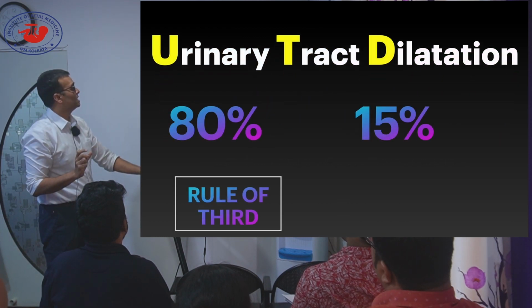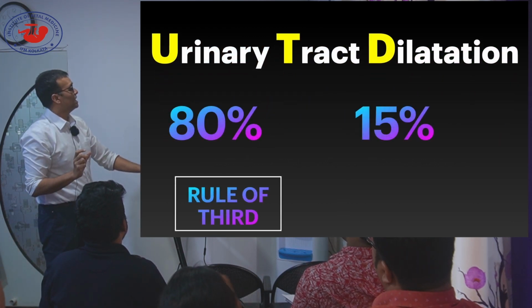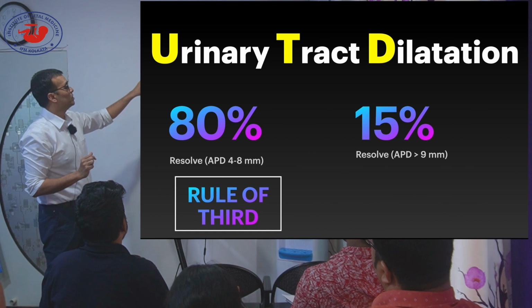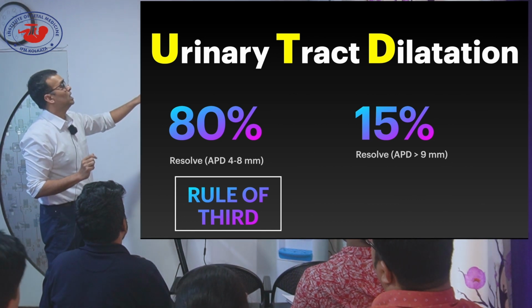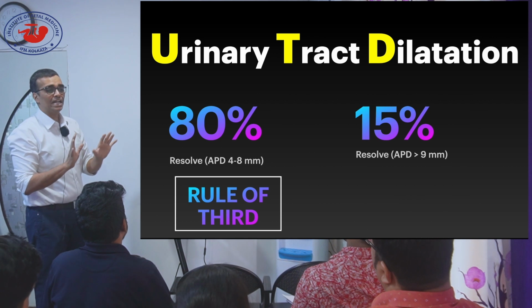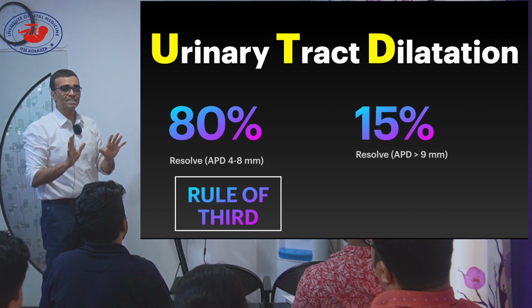I have discussed this. Now there is a rule of thirds I will discuss with you, but before that, 80% of cases of urinary tract dilatation or hydronephrosis, but we will avoid terminologies like hydronephrosis, pyelectasis and all those.